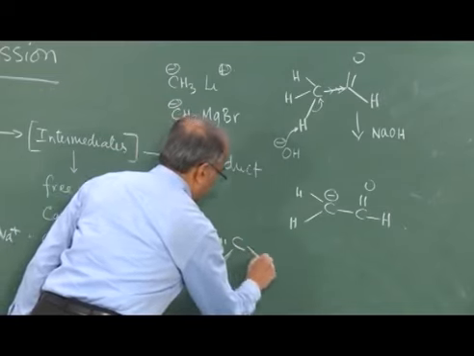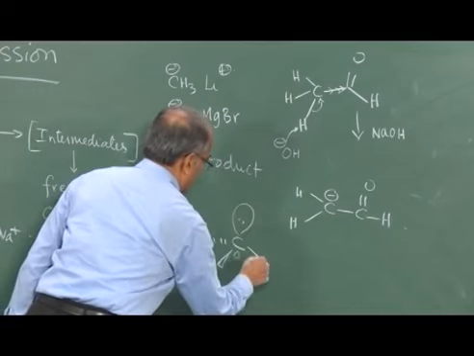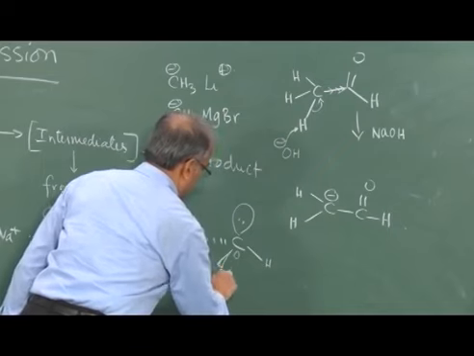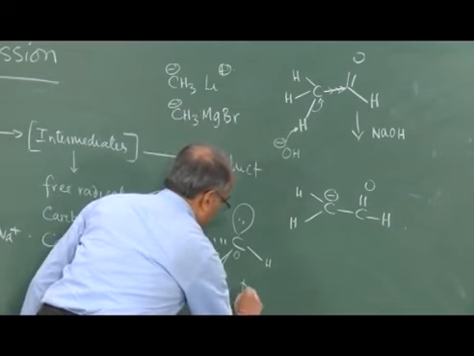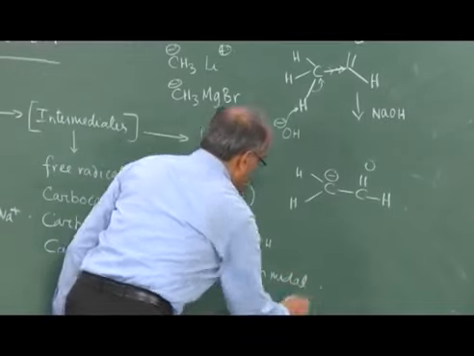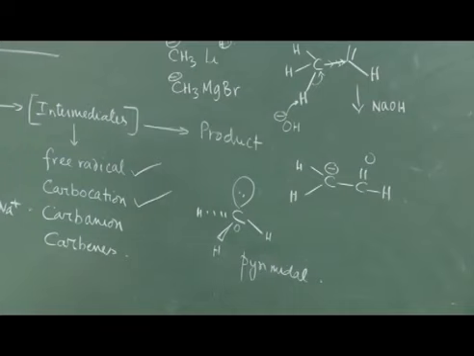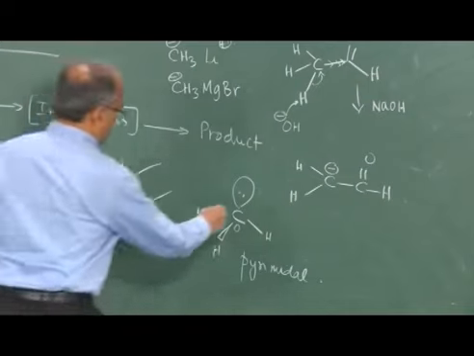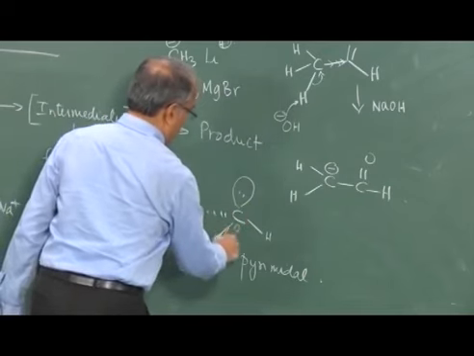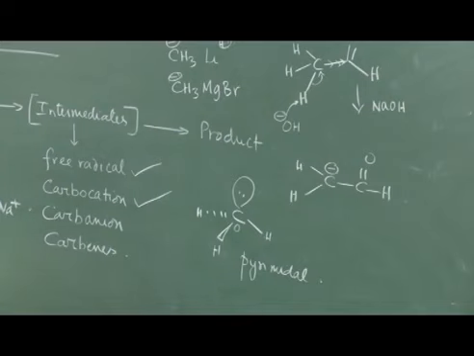It is not planar, because it has a pair of electrons with an anionic charge. In other words, including the lone pair of electrons on the carbanion, it will be a tetrahedral structure. If you include this lobe along with these 3 hydrogens here, then it will look like a tetrahedral kind of structure in this particular case.